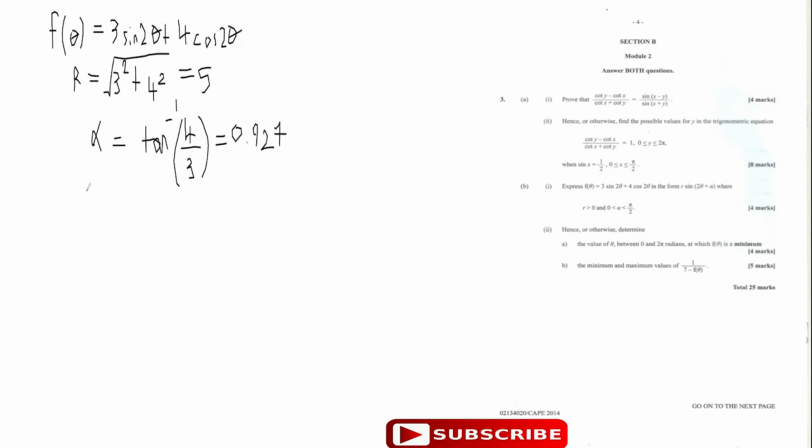That means that f of theta is equal to r, which is 5, times the sine of 2 theta plus alpha, and alpha is 0.927. So 0.927. Nice and easy. Okay, let's go to the next part of the question now.